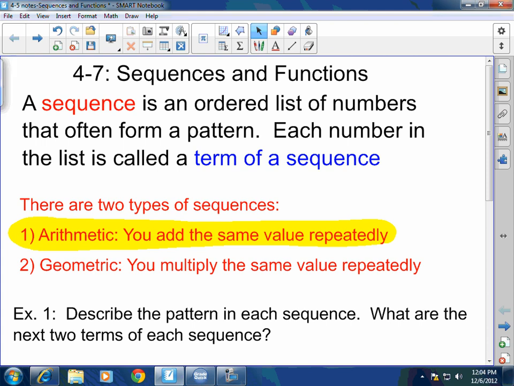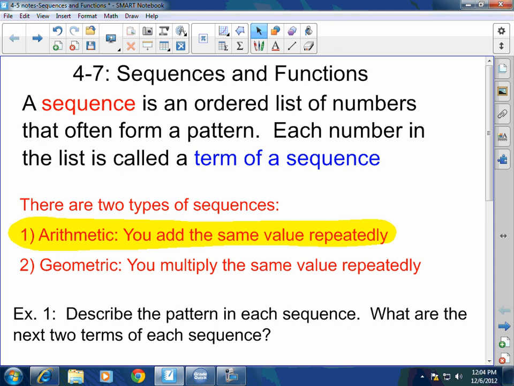It does not matter if that value is positive or negative. The definition of an arithmetic sequence is a sequence that is formed by starting with an initial value, okay, the first term, and adding the same value repeatedly, whether it's a positive number or a negative number, okay?